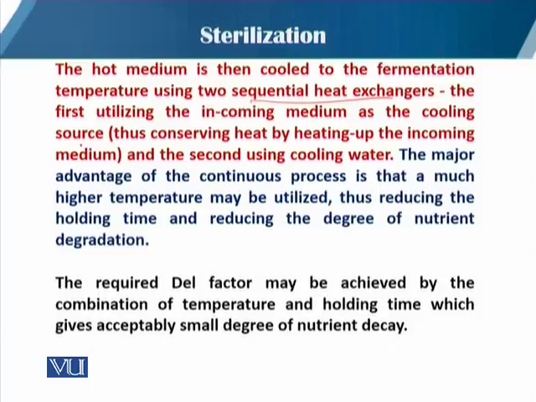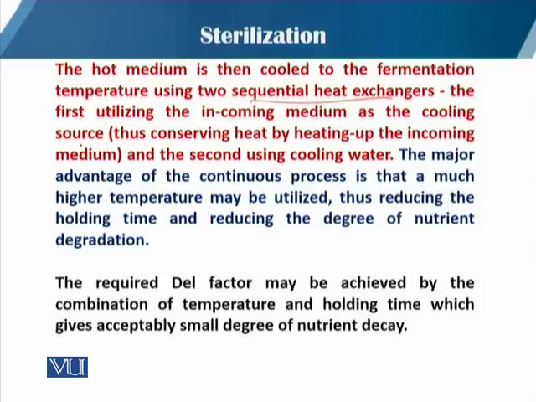So these are the two lines. In a continuous process there is a heat exchanger just for keeping the holding time and temperature. The medium coming in for sterilization is utilized for cooling down the sterilized medium, because if 121 or 131 degrees Celsius is required for sterilization and the fermentation temperature is 30 degrees Celsius, we have to cool down that medium.